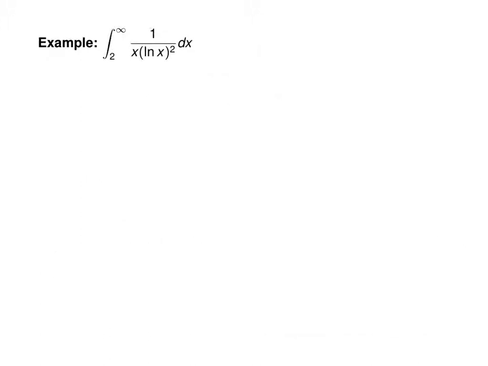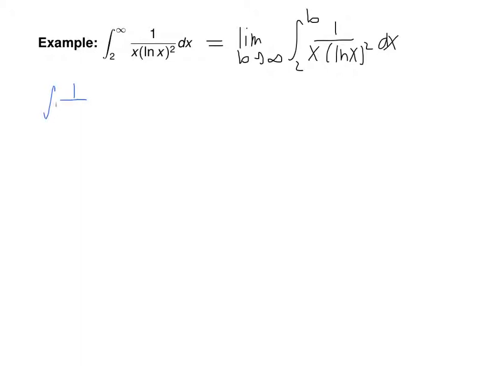Alright, next we have the integral from 2 to infinity of 1 over x times ln of x squared. So first we have the limit as b goes to infinity of the integral from 2 to b of 1 over x (ln x) squared dx. Just on the side, we're not going to have to work out changing bounds. Let's integrate 1 over x (ln x) squared dx.